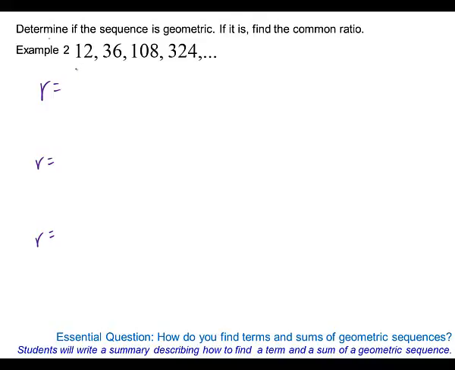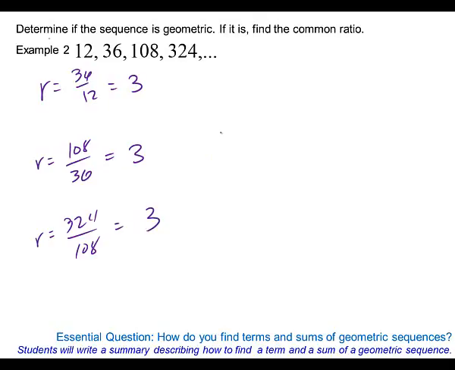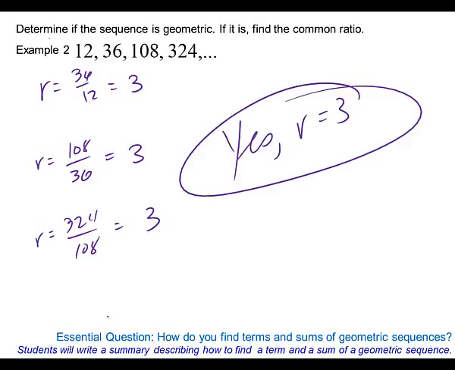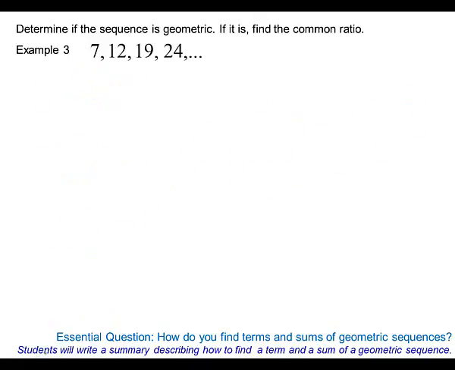Okay, what do you divide out first? Which is? 3. Okay, then what? Good, which is? 3. Okay, and then? Which is? Did it work? Yes, so our ratio is 3. Okay, let's try this one.